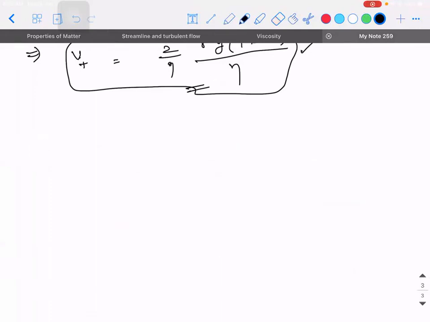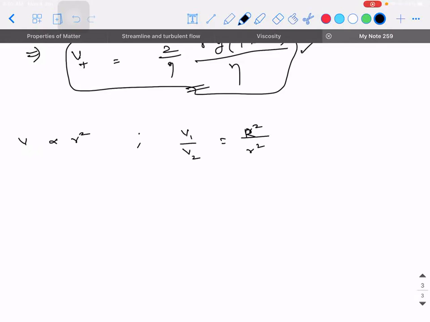So V1 is how much? V is directly proportional to R square. So V1 by V2 will be equal to capital R square divided by small r square, because it is broken into smaller parts. So what is the value of small r? r by 3.